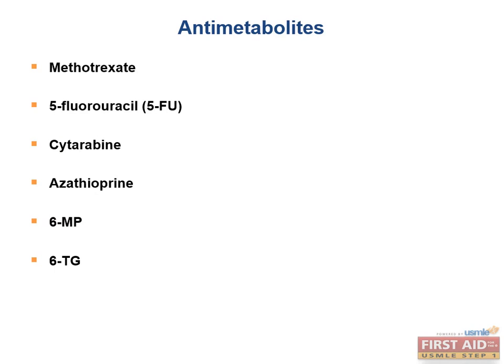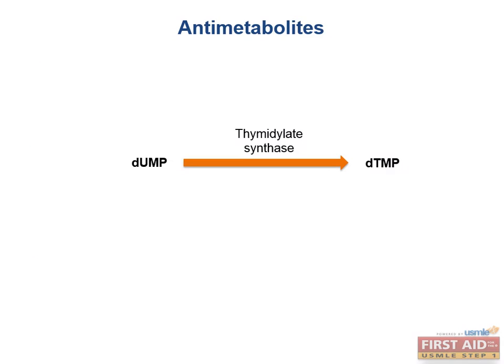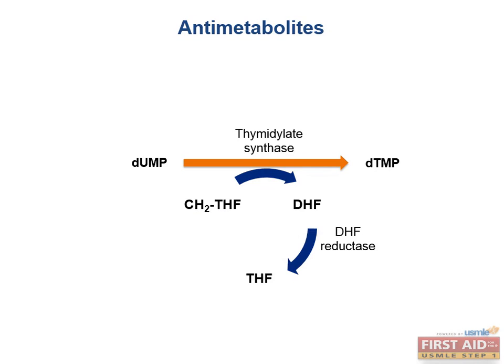There are several antimetabolites, including methotrexate, 5-fluorouracil, cytarabine, and azathioprine. Many of these antimetabolites work on thymidine synthesis, more specifically, the ultimate conversion of dUMP to dTMP that you might recall from biochem. This process requires methylene tetrahydrofolate and yields dihydrofolate, which must then be converted back to methylene tetrahydrofolate in 2 steps.